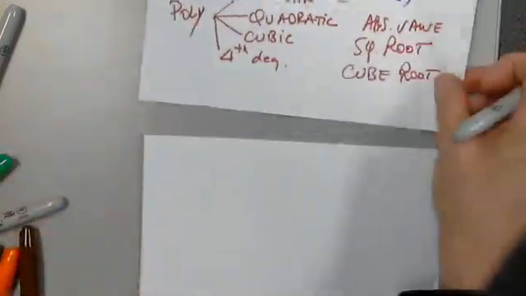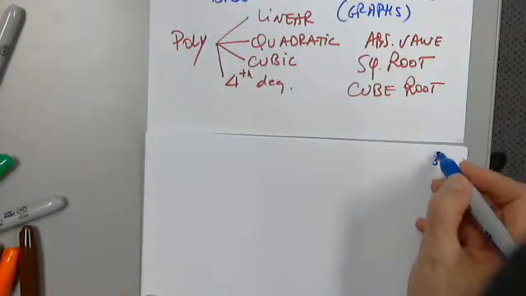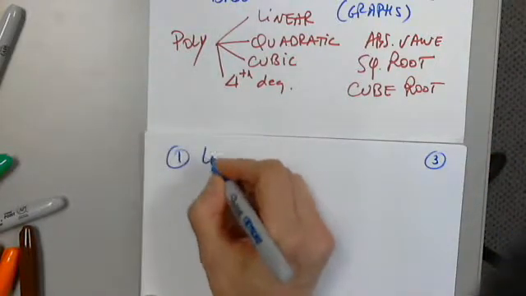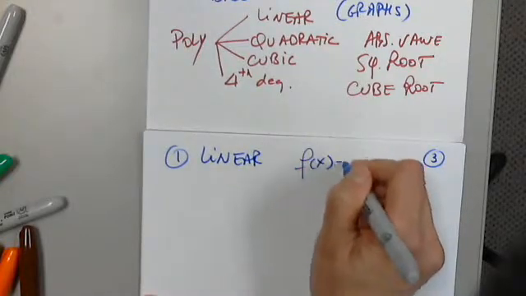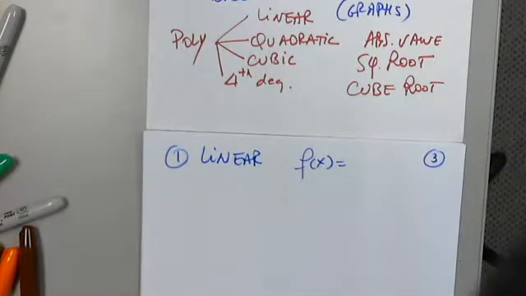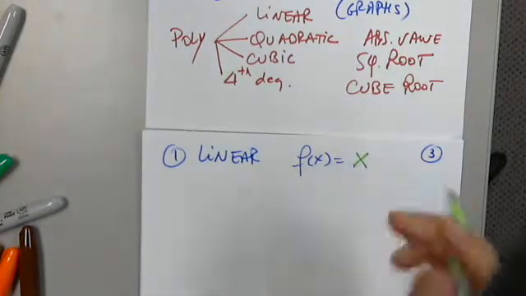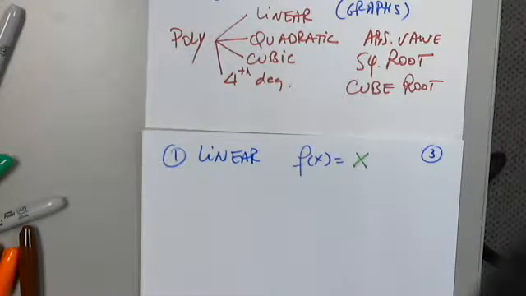Okay, so let's look at the basic graphs. Let's start with number 1, linear. I'm asking you, please give me the simplest possible linear function on the planet. That's it. That is the simplest possible linear equation. We cannot find a simpler one.